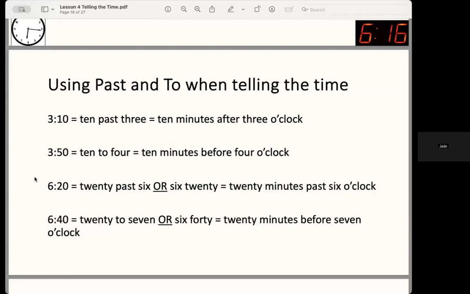This one is 20 past 6 or 6:20, the same as 20 minutes past 6 o'clock. 6:40 is 20 to 7, the same as 20 minutes before 7 o'clock.